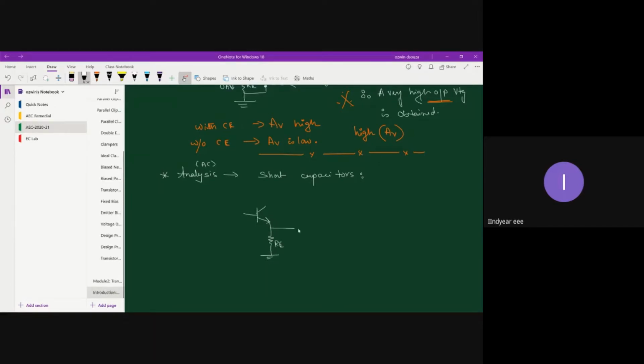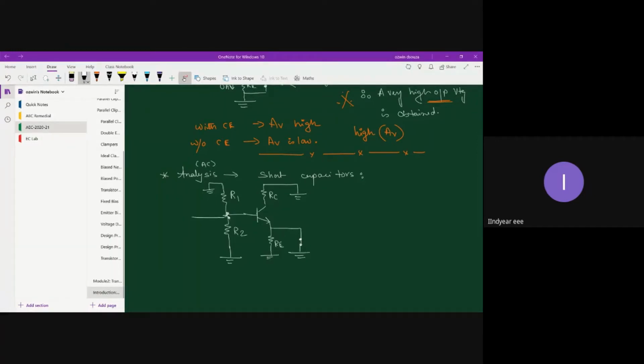Across RE, you had the bypass capacitor, so that capacitor needs to be short circuited. Here you have RC and VCC is grounded. Then you have R2, the other end is also grounded, and on the top side you have R1. Even the other end of R1 needs to be grounded.